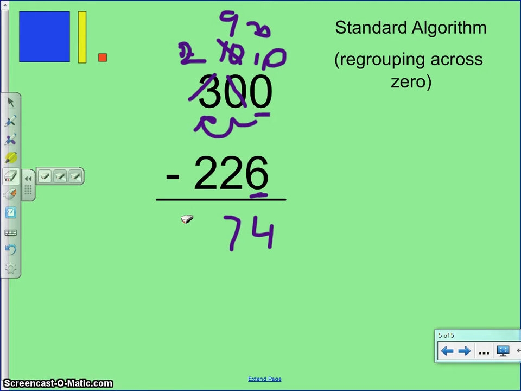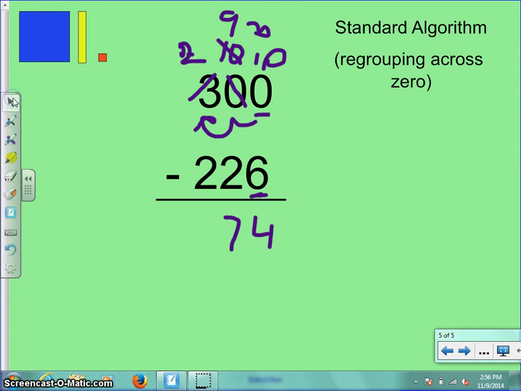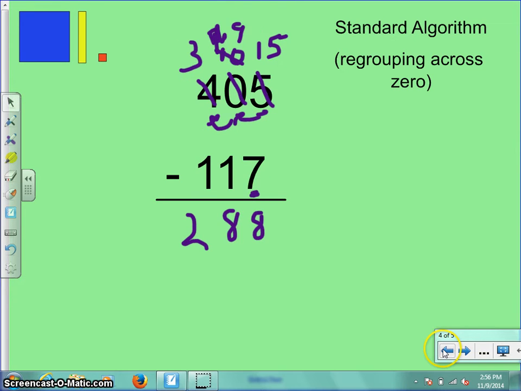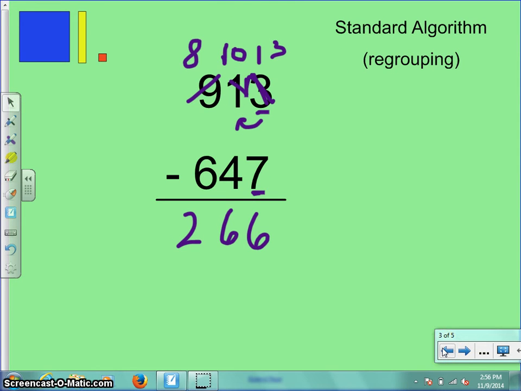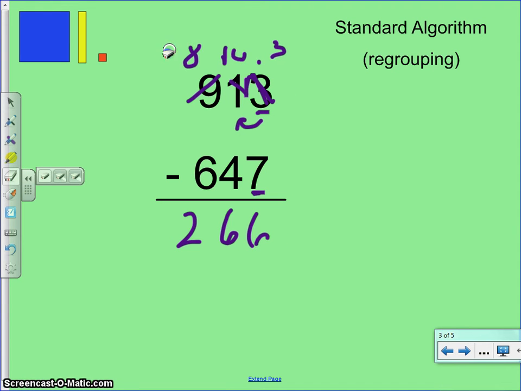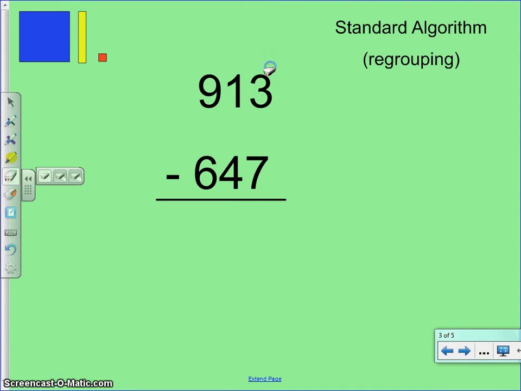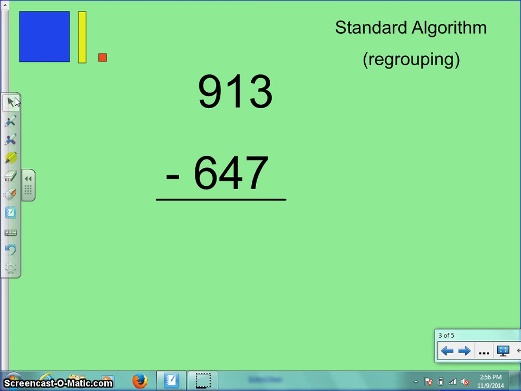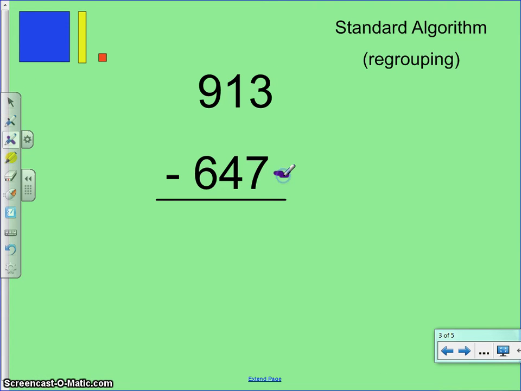Okay? So let's go back real quick and look at the regrouping so you understand what we're doing again. Let me show you this example one last time of what regrouping is. Regrouping is when you have bigger numbers on the bottom and you cannot subtract from the number up top. Okay?